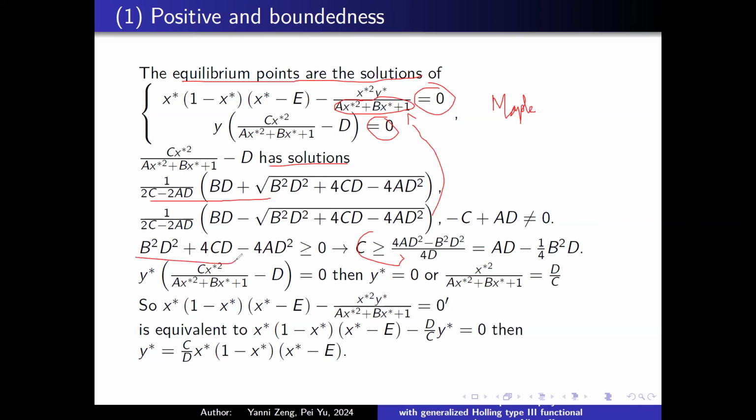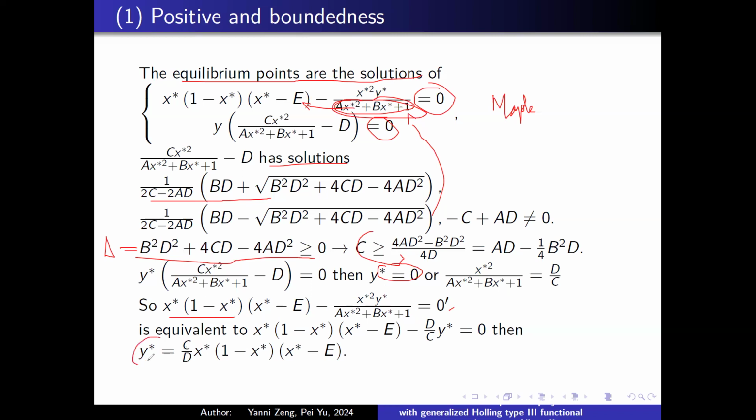Use here the condition of delta. We multiply by the quadratic equation, the quadratic form, and we can find the solution of y and substitute again. So we got x.